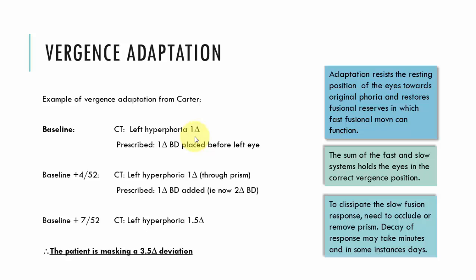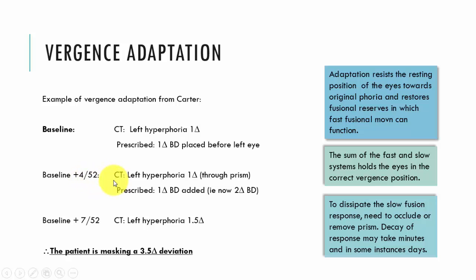Now, let's say that a 1 prism diopter is prescribed and placed in front of the left eye. This is going to induce a vertical fusional response, and you ask the patient to come back in 4 weeks' time. So here we have baseline plus 4 weeks.